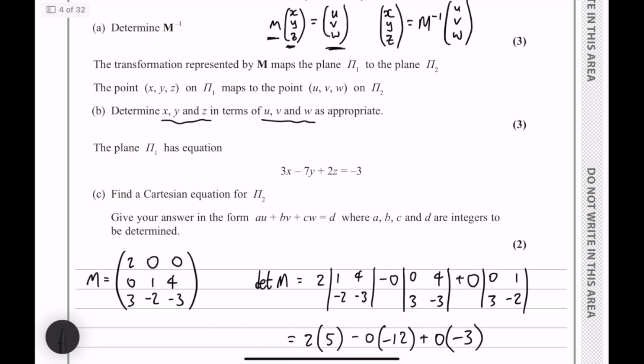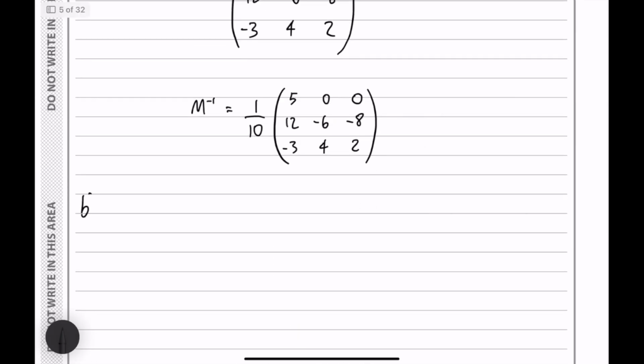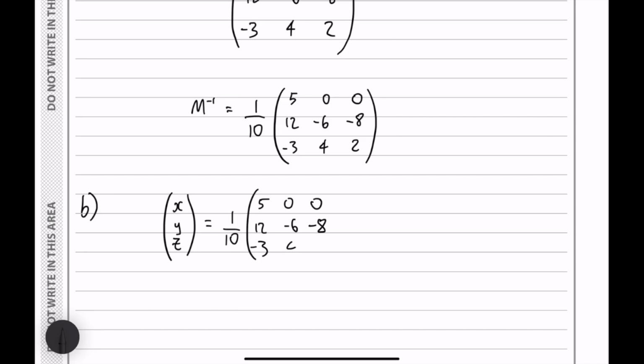So we're going to apply matrix M, the inverse, onto uvw. xyz is equal to 1 over 10, this thing here, onto uvw.